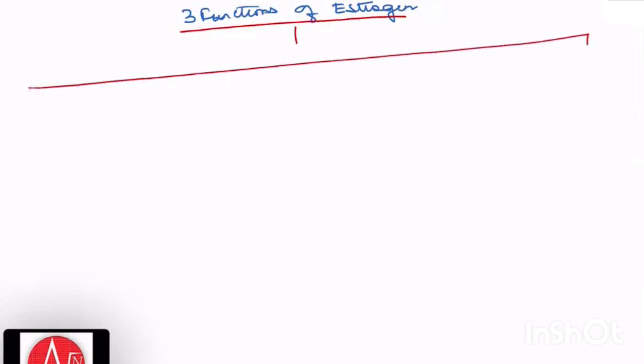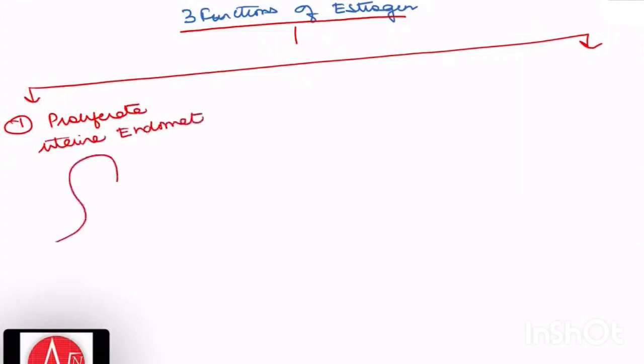The three functions of estrogen are, number one, it will proliferate the uterine endometrium. So it acts on the uterus and proliferates the uterine endometrium. Number two, it has a negative feedback on FSH.